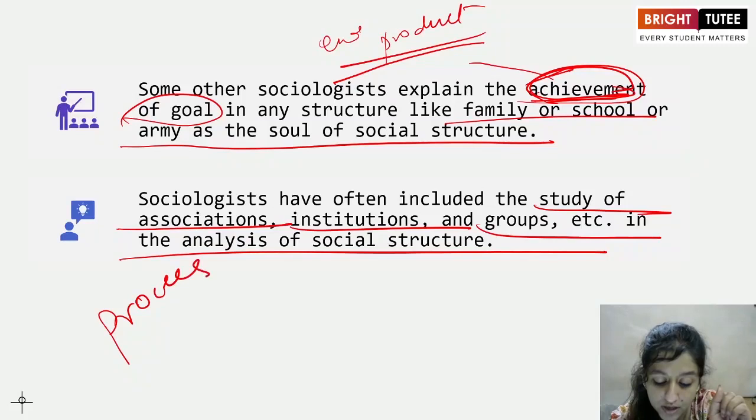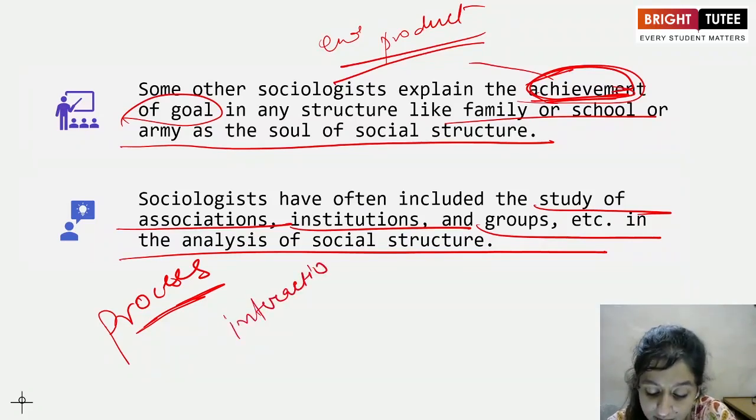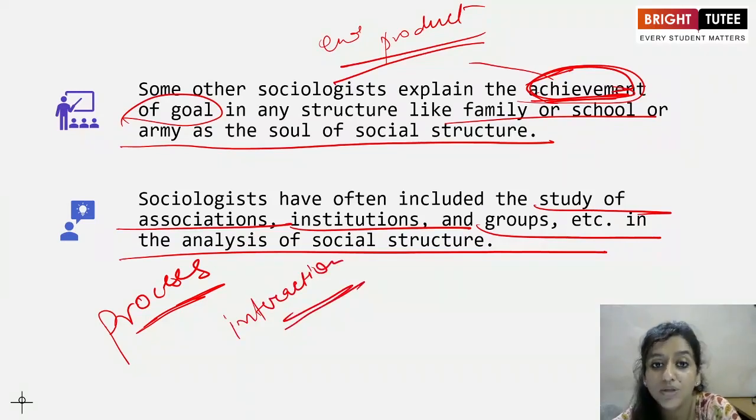Like I was talking about the process: who all are there in the whole journey, what kind of association do they have, what kind of interaction do they have, and how does that interaction lead to the end product and make the whole process successful. This is taken into consideration by a lot of sociologists.